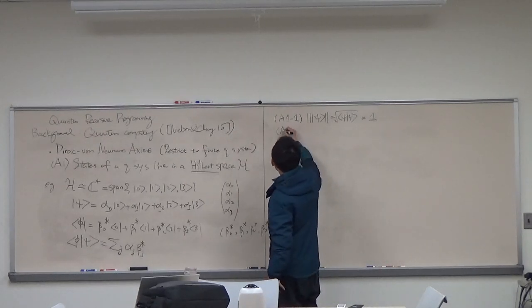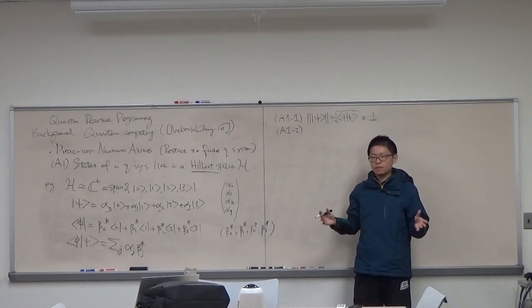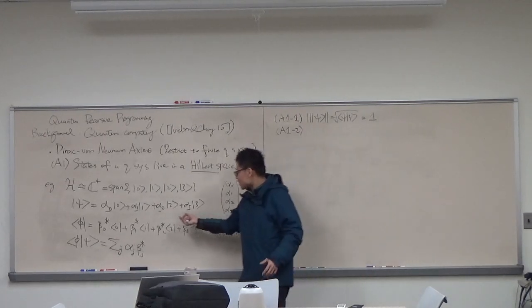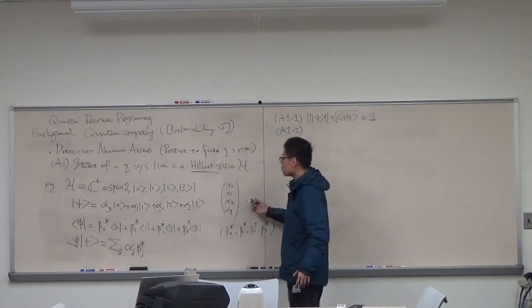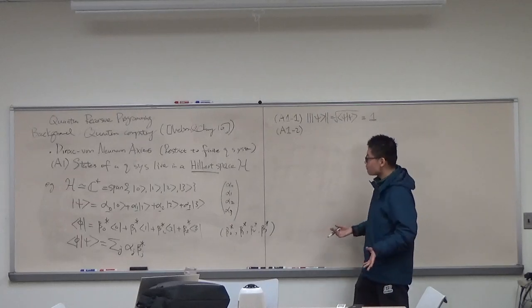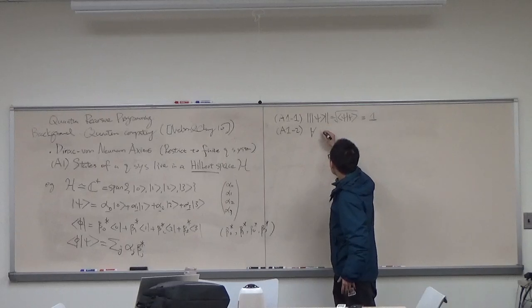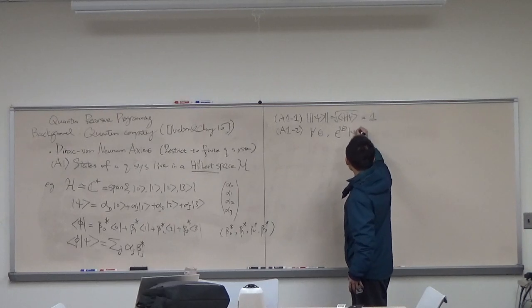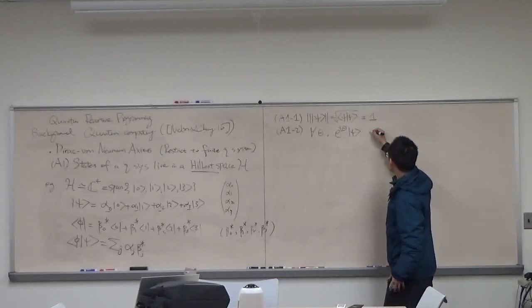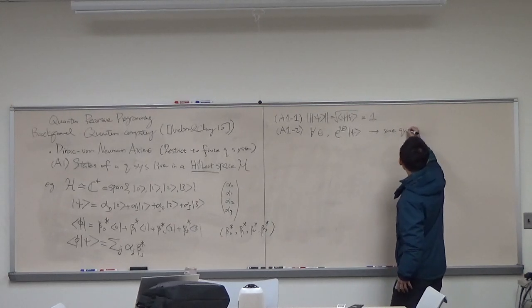Also, we need to identify some quantum states of different mathematical form, but they are equivalent in physics. So for any theta, we consider these states, e to the i theta times ket psi and ket psi, to correspond to the same quantum state.